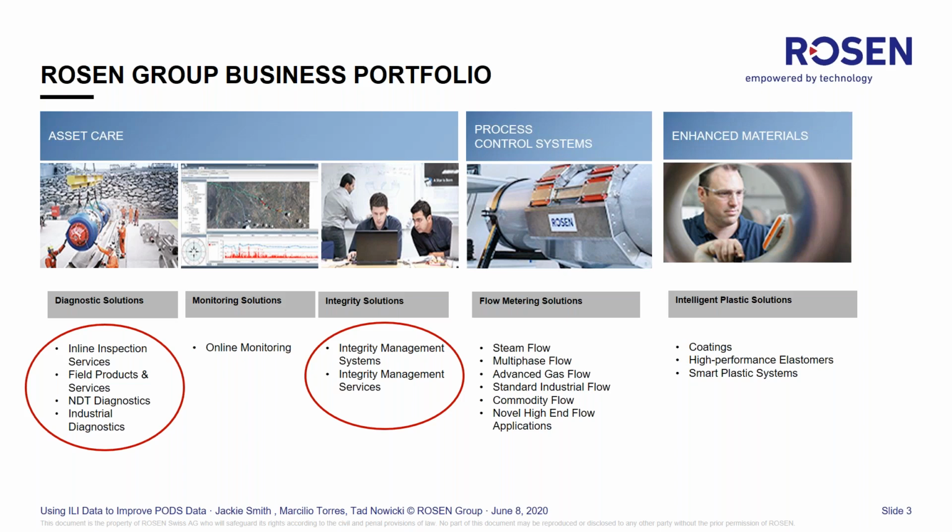Here, the second red circle, and this is where we have our integrity management services and our systems, such as software solutions and GIS consulting, to name a few things. Today, we're here to talk about one specific area, pipeline data, specifically the value that we can add from ILI data and how we can improve the data within your operators' PODS databases.